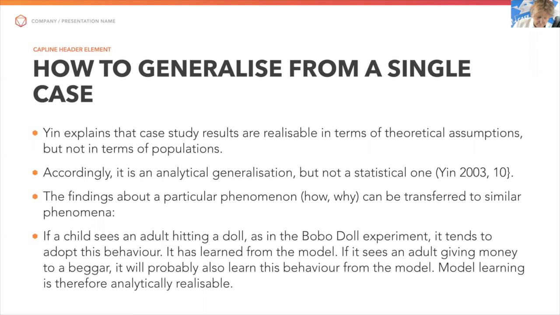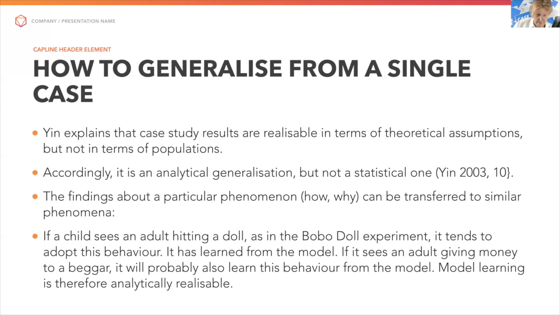If a child sees an adult hitting a doll, as in the Bobo doll experiment, it tends to adopt this behavior. It has learned from the model. If it sees an adult giving money to a beggar, it will probably also learn this behavior from the model.